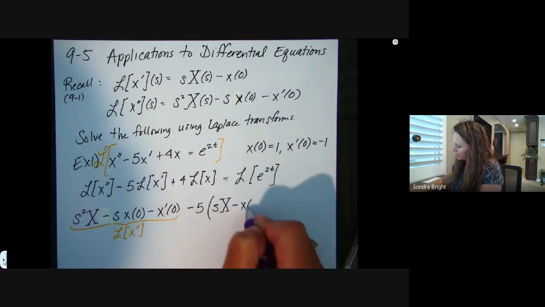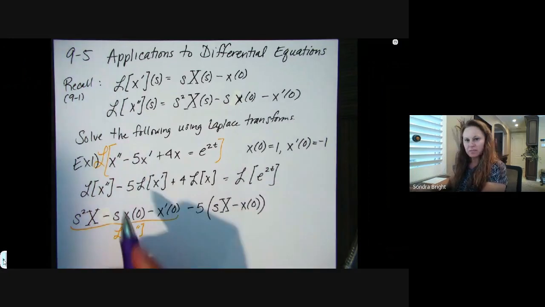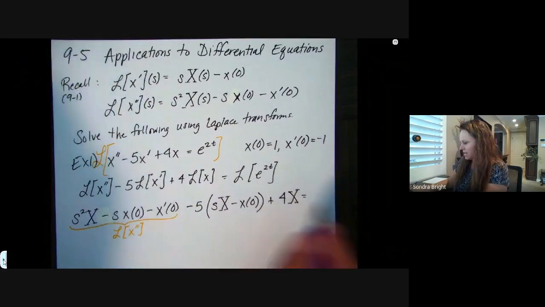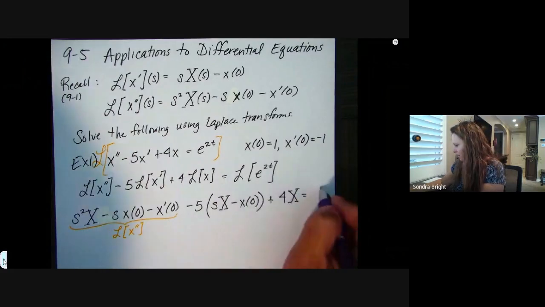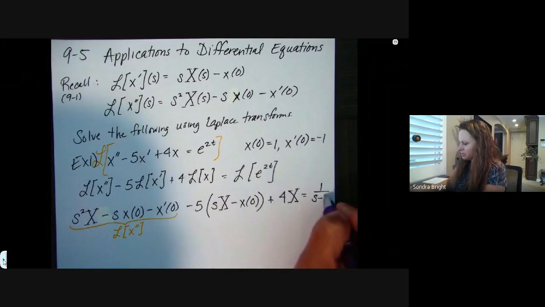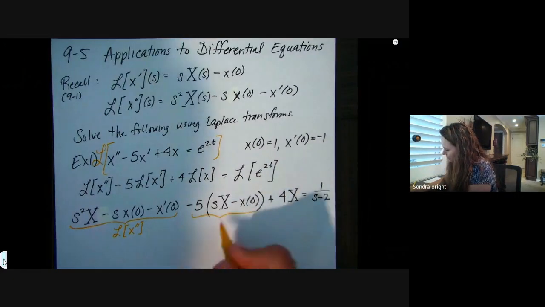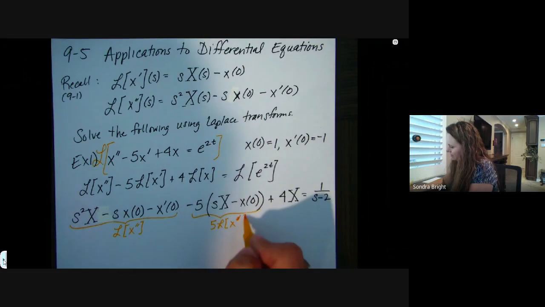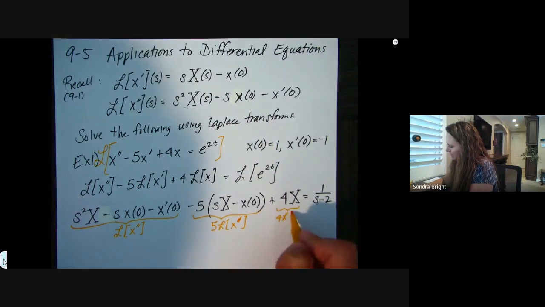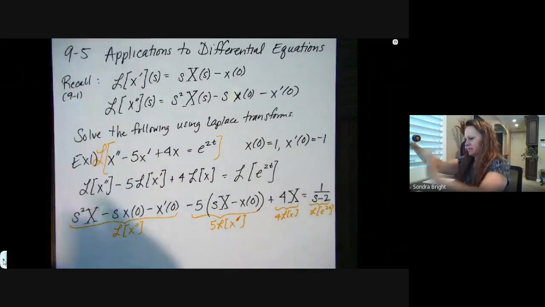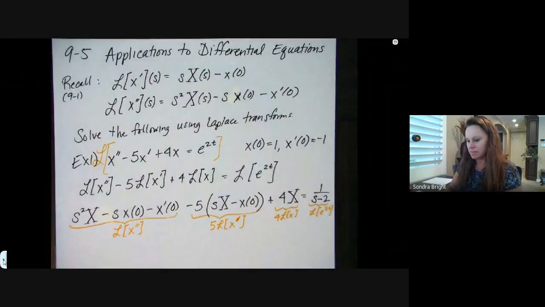And then a plus 4 times the Laplace transform of little x, which is capital X. The Laplace transform of e to the 2t is 1 over s minus 2, since 2 is the exponent in front of the t. Hopefully that makes sense.